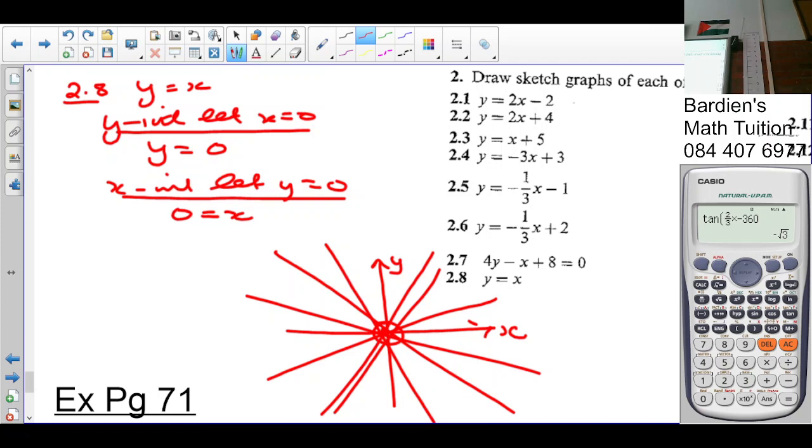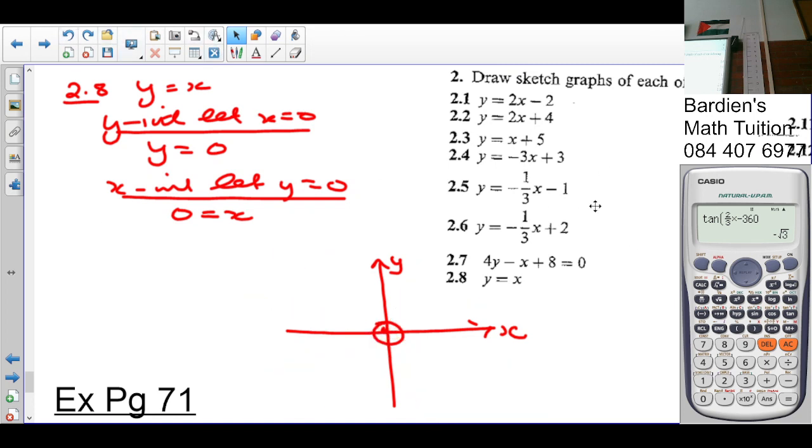Whenever this is the case, we generate another point. We only need 2 points to draw a line. So what we do in this case is we generate another point lying on this line, and I always choose the value 1. So I say let x equal 1.